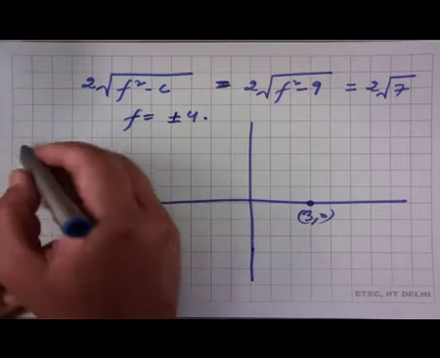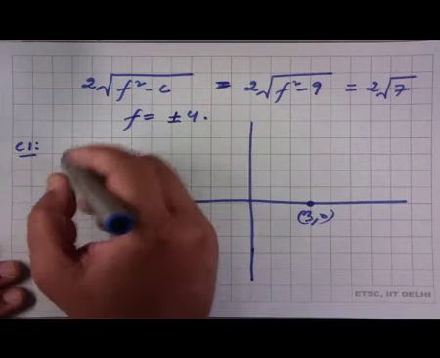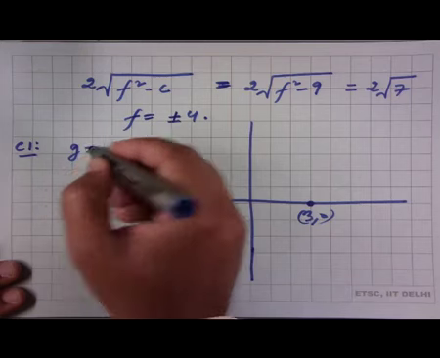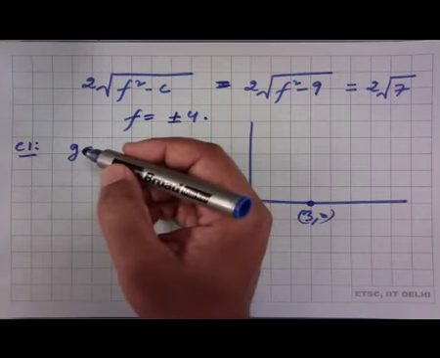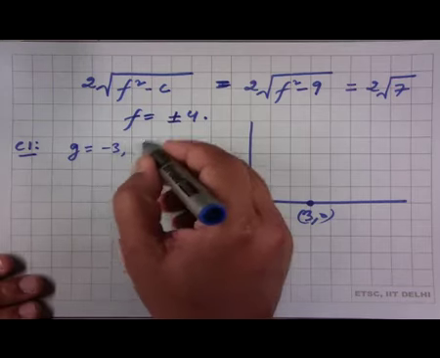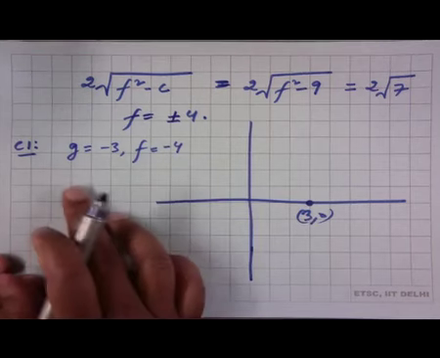So, the first circle C1 corresponds to value of g, which was minus 3, let us say f equal to minus 4.